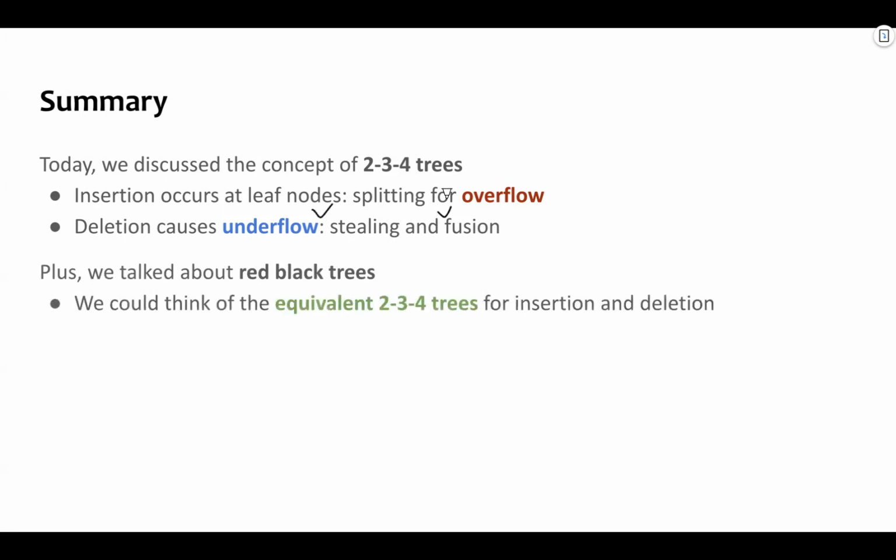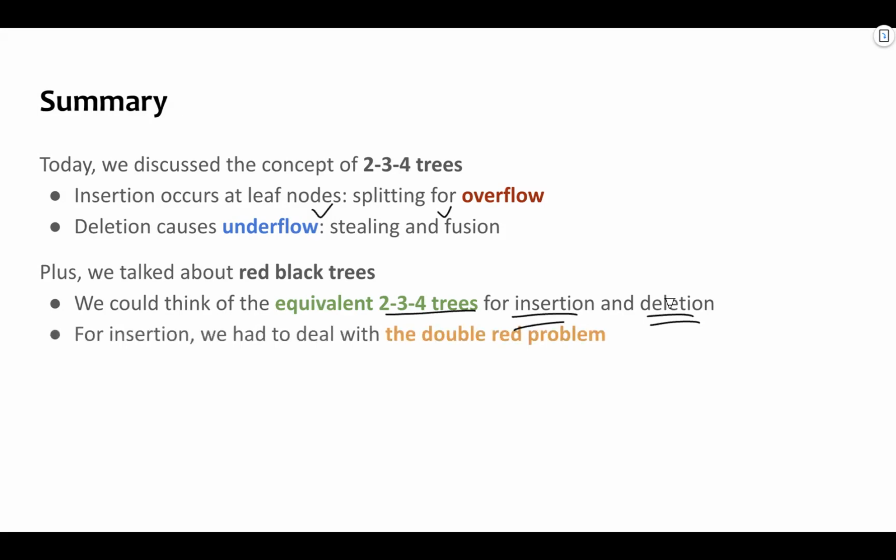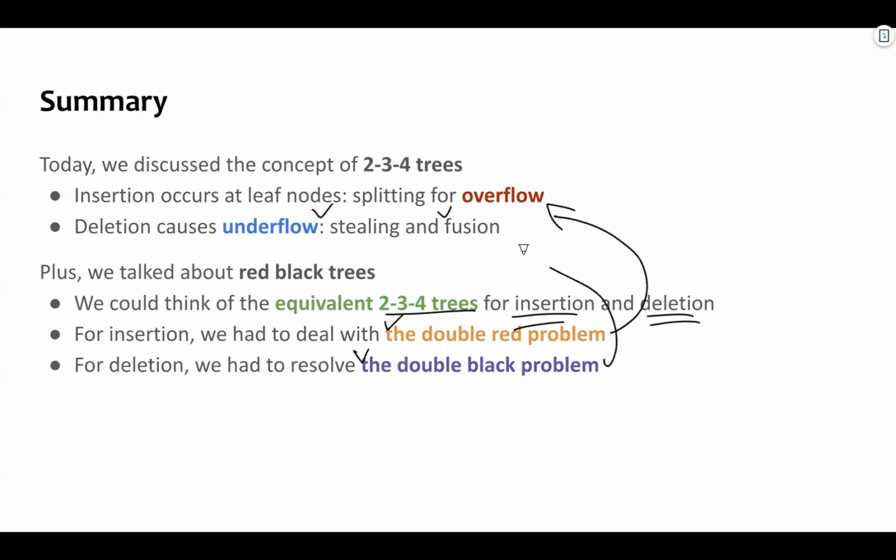We could think of the equivalent 2, 3, 4 tree architectures for insertion and deletion. For insertion, we had to deal with the double red problem, and for deletion, we had to resolve the double black problem. This corresponds to overflow and underflow.